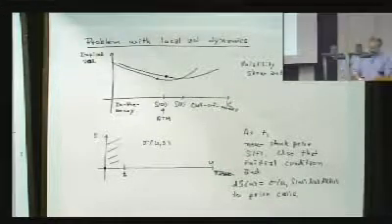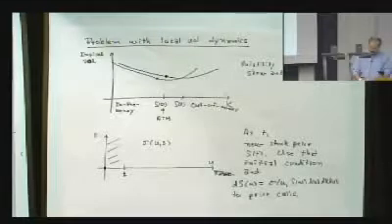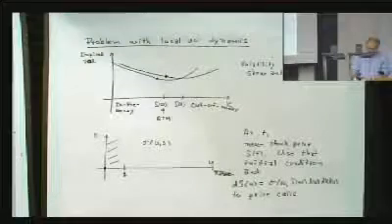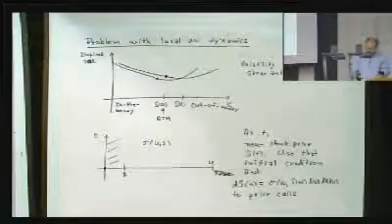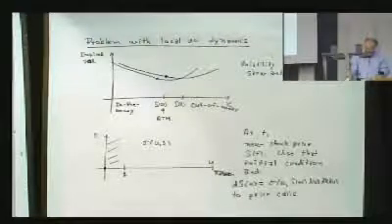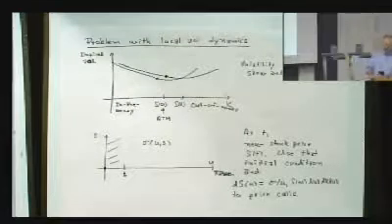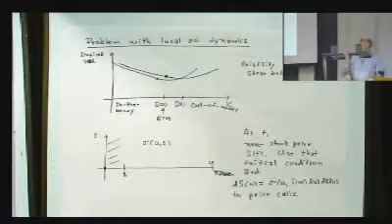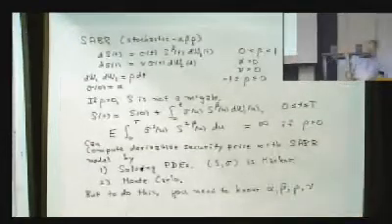But to do this, you need to know the parameter values, alpha, beta, rho, and nu. And so there's a calibration that's necessary.